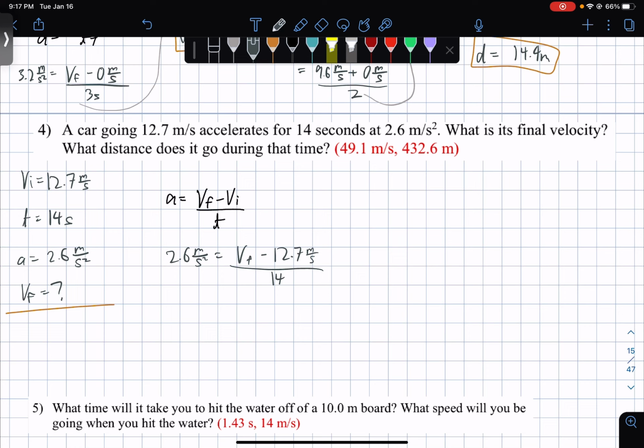So 14 times 2.6 is going to be 36.4 meters per second. And yeah, just transpose 12.7 to the other side. You find the sum of 36.4 and what was transposed, 12.7, you get 49.1.